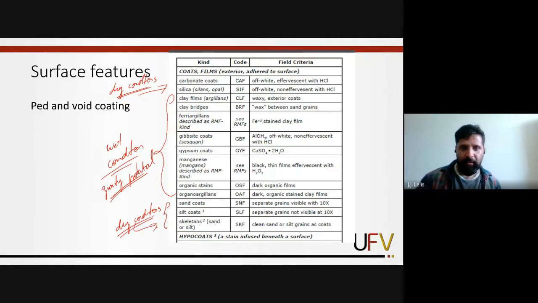But in carbonate or silica coatings, you have some specific conditions like high pH, high content of carbonate, like soils formed from limestone. And in this case, we have a lot of sand or silt content, so the soil is formed from sandstones or siltstones, or the weathering is very, very incipient, very low. Okay.